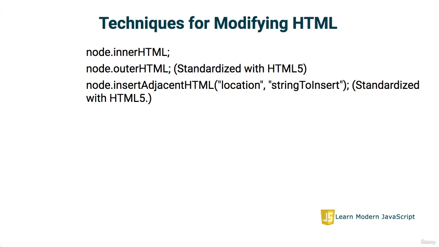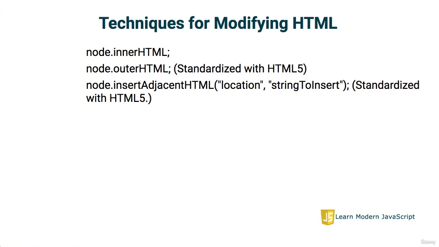Now that location is the first parameter you pass in. There are 4 possible values for that, and we'll look at those values in just a second. The second parameter that gets passed in is what you want to insert. And both of those are specified as a string. Now this too is standardized for HTML5.